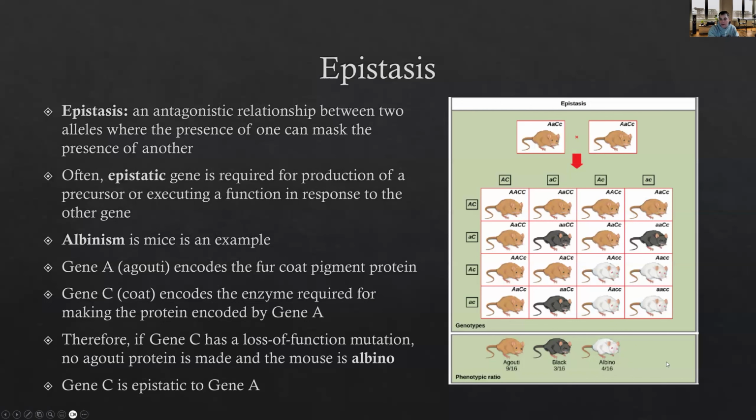But we don't see that here. Instead, we get our 9 for agouti, which makes sense: dominant, brown. We get our 3 black, so recessive at the A gene, but some type of dominance at the coat protein gene, so those mice turn black.